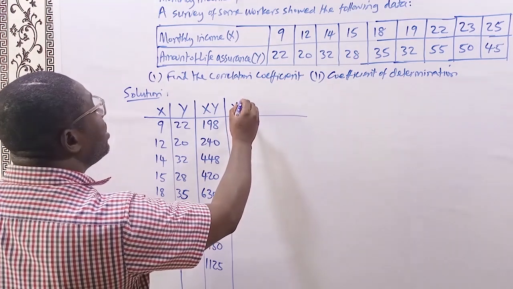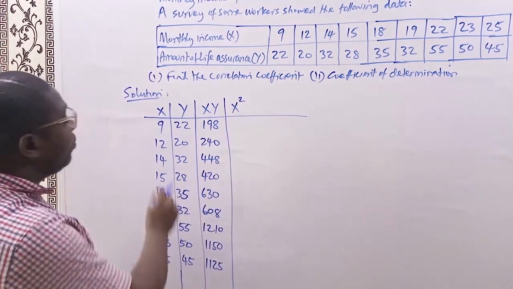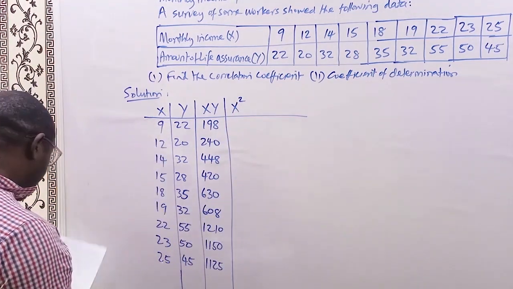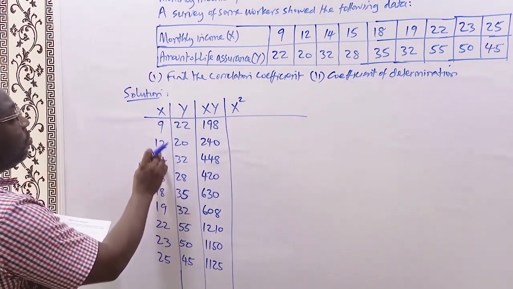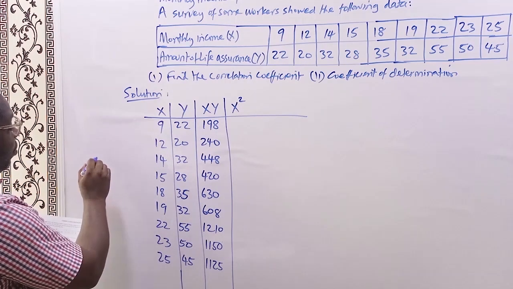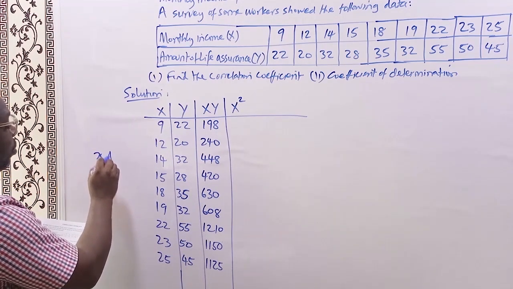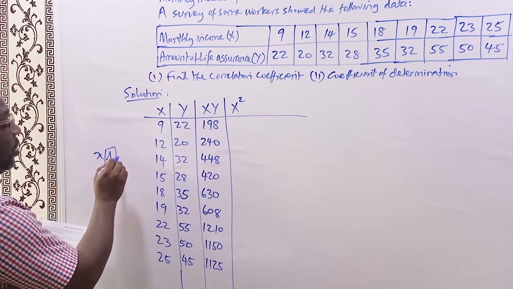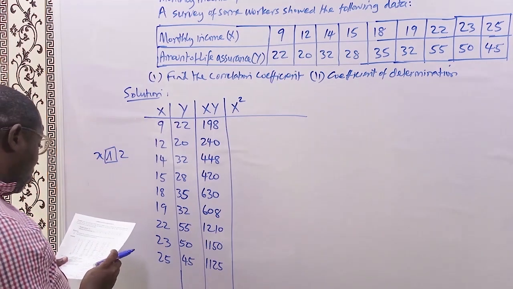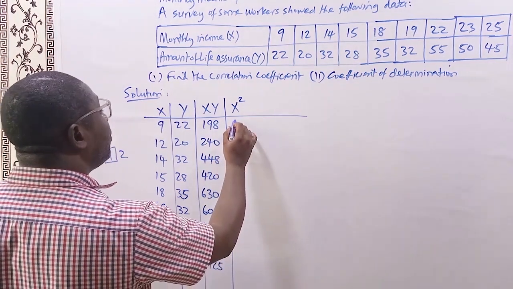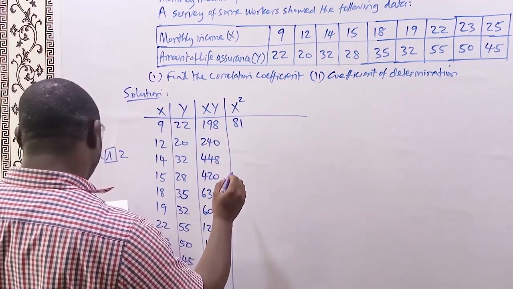We now calculate the square of our x value. Whatever value you have, you look for the exponential sign and you press 2, that's the power of 2. The first one will give us 81.